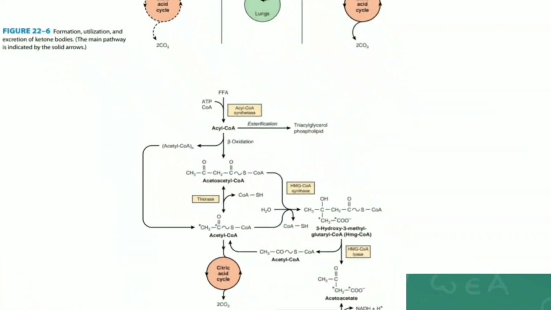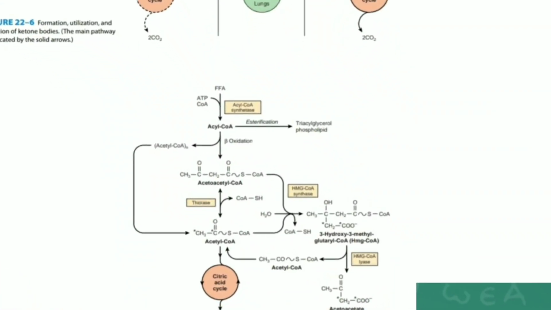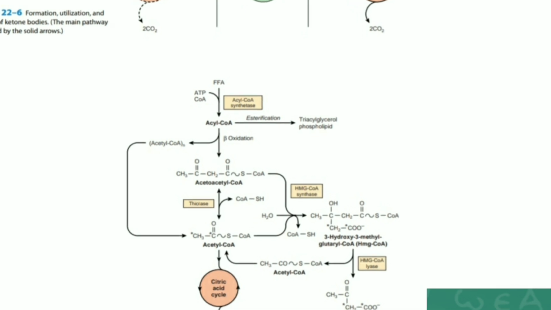Now when this acyl CoA is ultimately inside the mitochondria, the enzymes responsible for ketone body formation are also within the mitochondria. So we can say that the two acetyl CoA molecules formed in the beta oxidation will condense with one another to form acetoacetyl CoA.